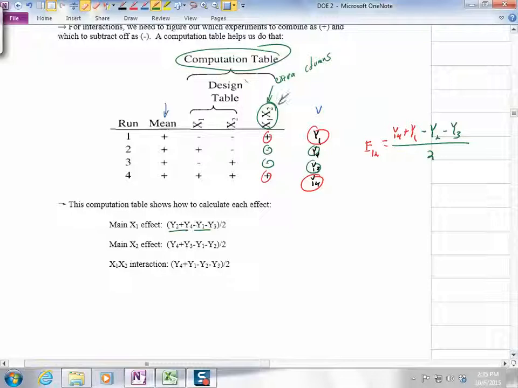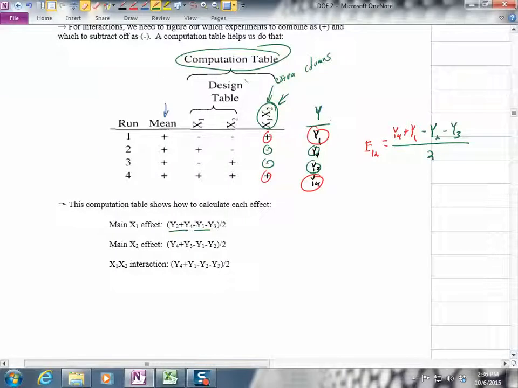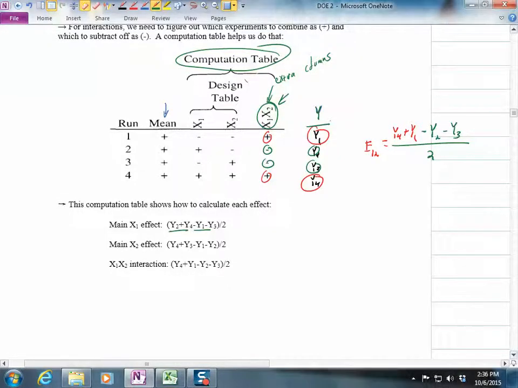So by looking at that column, it tells us which values of y we add and subtract in order to get that effect. So that will give us a number for the interaction effect. And it's on the same order, the same scale as the main effects, so that we can compare. Does anyone have questions about calculating that interaction? So it's really nice when we have this column in the computation table, we can very easily calculate that interaction.